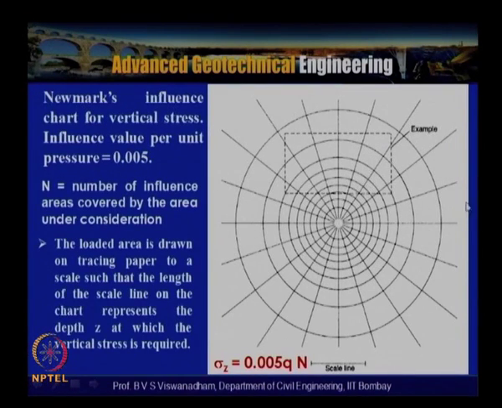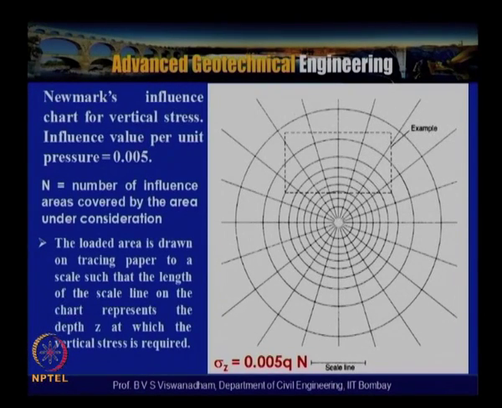So in this particular slide a Newmark chart is given, wherein we have the first circle, second circle, third circle, and this is the last circle which is at infinity. So only 9 circles are shown here. Newmark's influence chart for vertical stress has an influence value per unit pressure of 0.005.